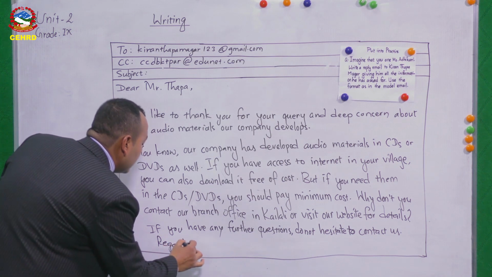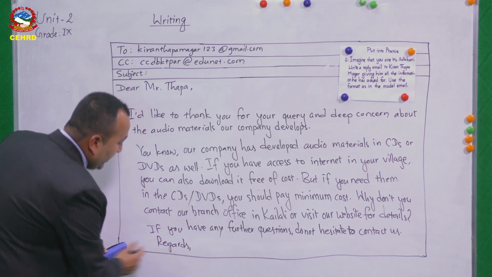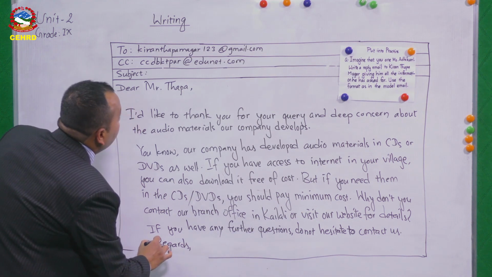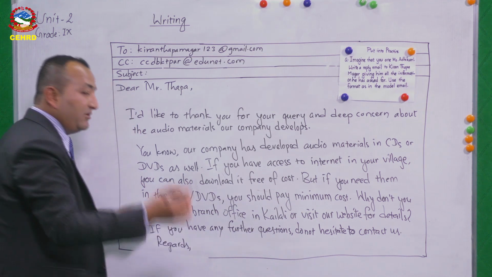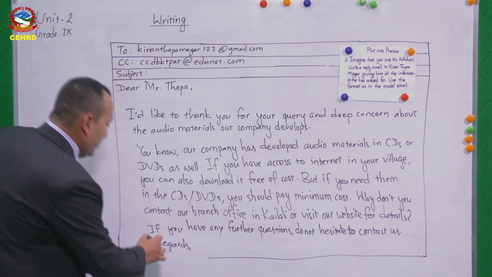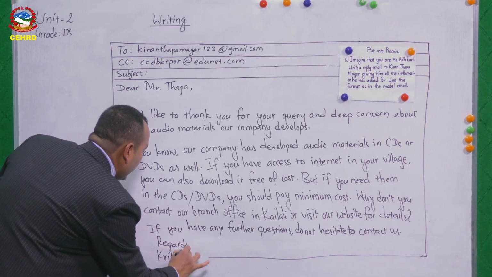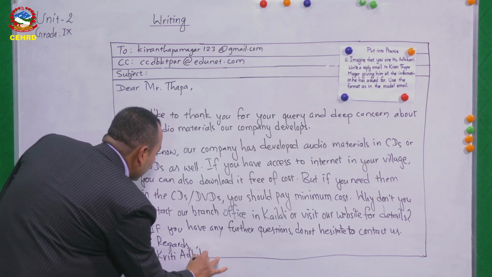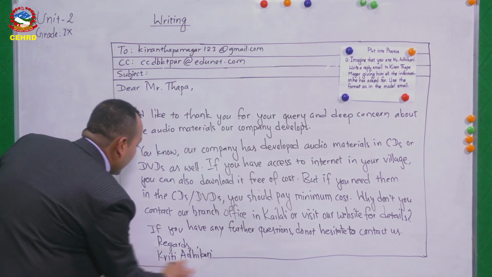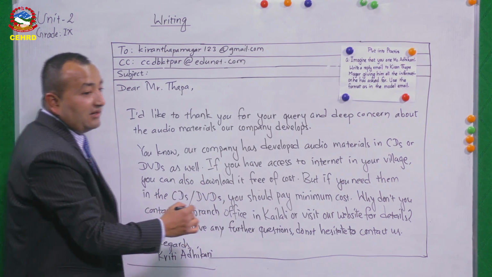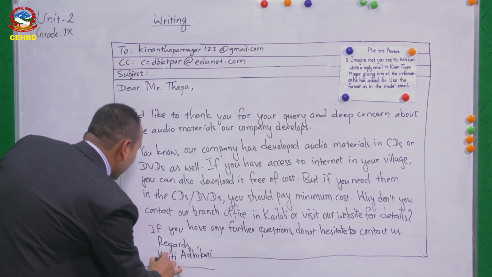Regards, comma, then write signature, write name. Who is writing this? Adhikari, something Adhikari. Give a name like Kriti Adhikari. Then you can give the name of the company also, her company. Her company is like learning education.